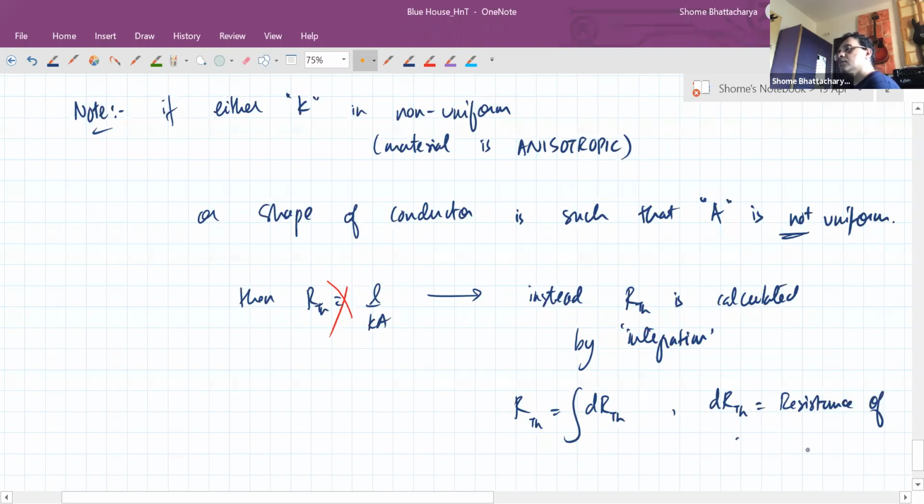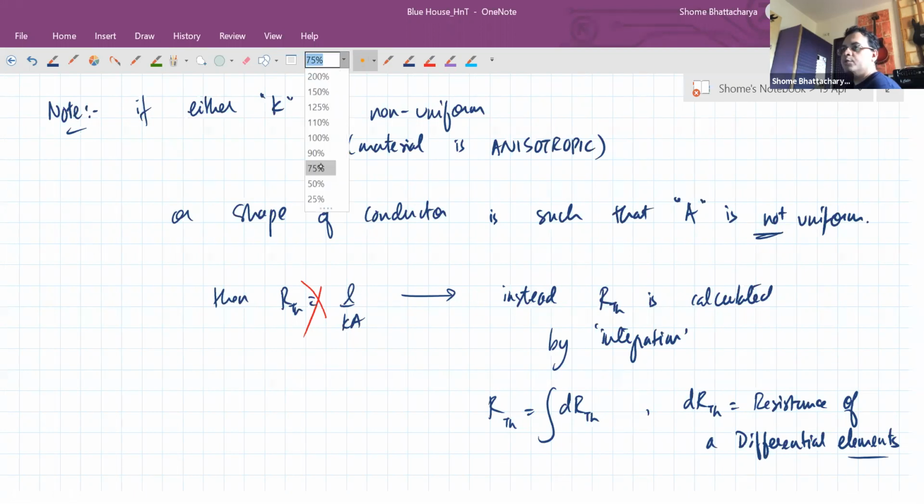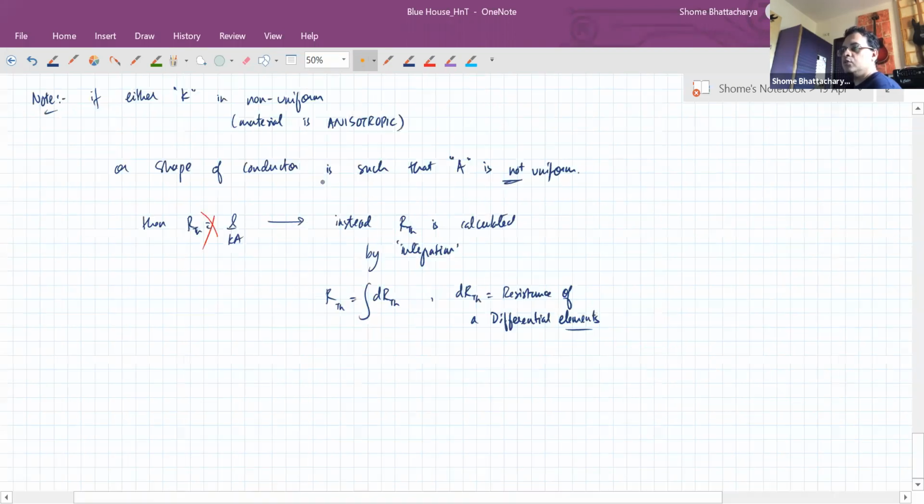Just like in center of mass, you have seen how to take differential elements where you have to use integration, or in moment of inertia calculation, you have to divide your body into very small elements which are called differential elements. Same thing over here also.